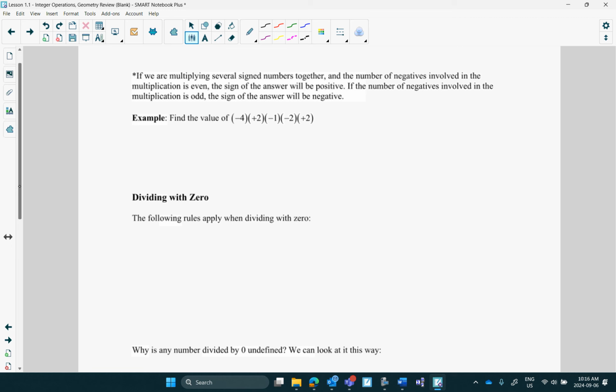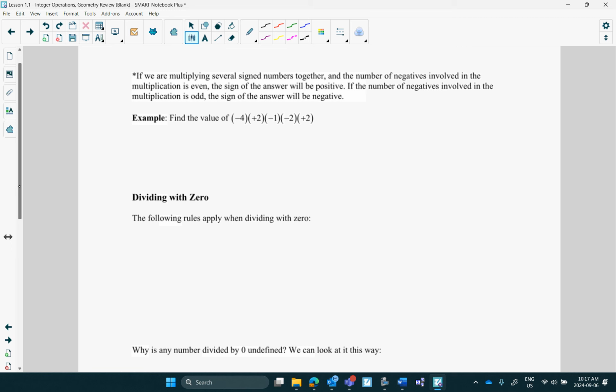So what if I put -7 after, times -7, would it be negative or positive? It would be negative. It would only be positive if there were an even number of negatives, right?